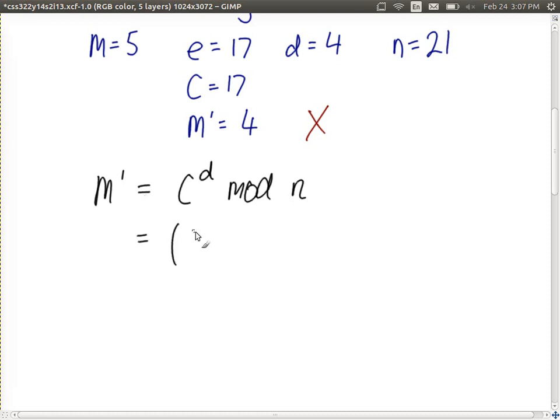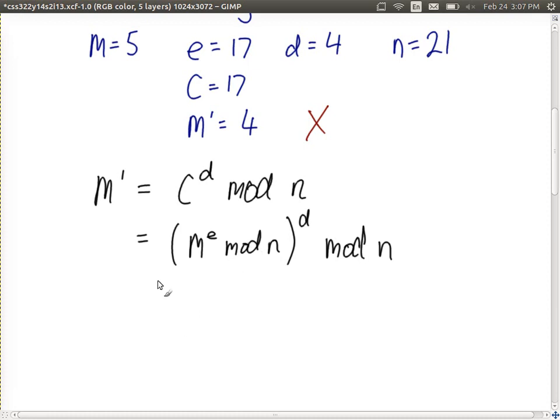From the top equation, C we said was calculated as m to the power of e mod n, all raised to the power of d, all mod n. All I did was replace the C with the first equation, the encryption equation.